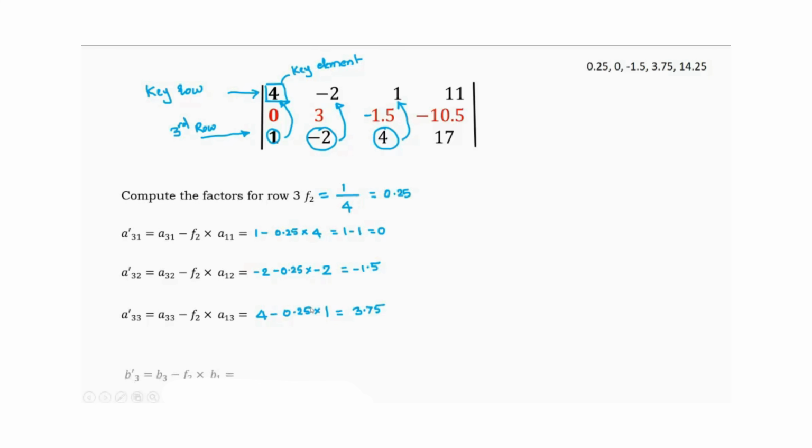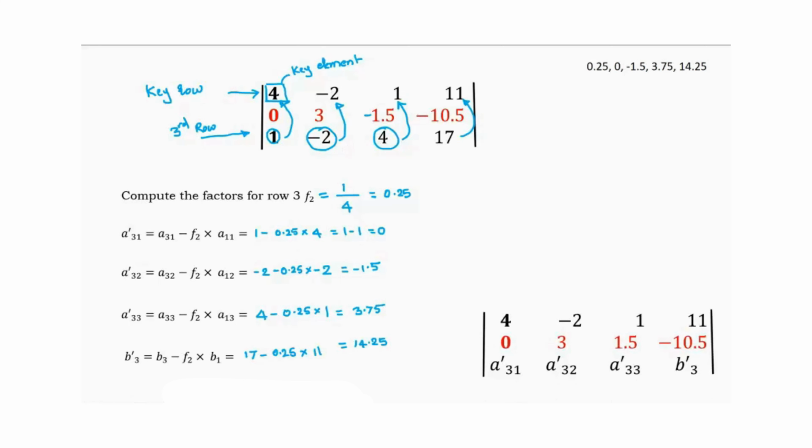Next, the B3 value is 17 minus 0.25 into the corresponding element from the key row, which is 11. This is around 14.25. Now we got these values. We have computed the new values.